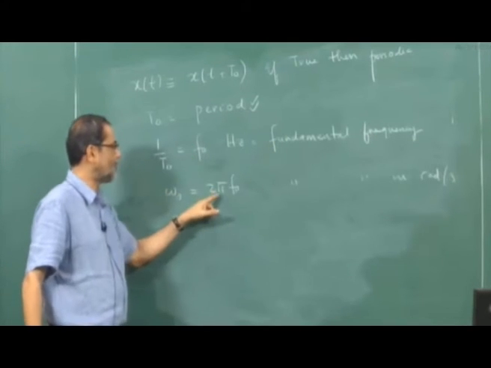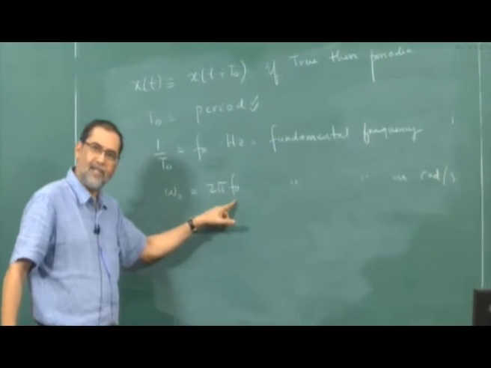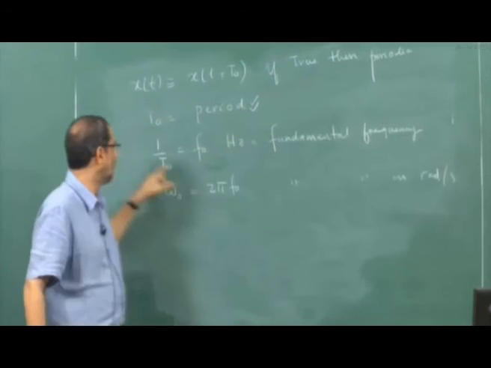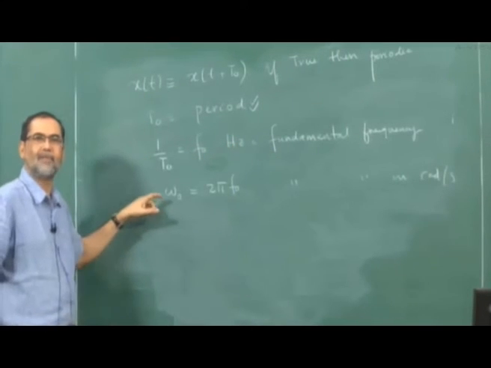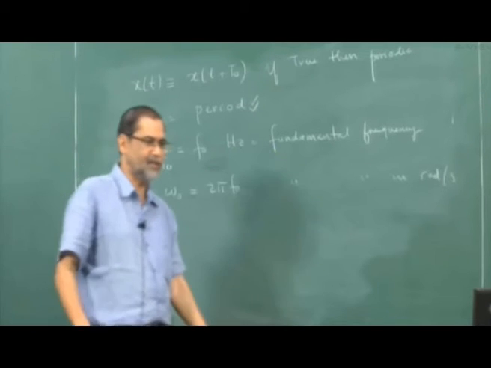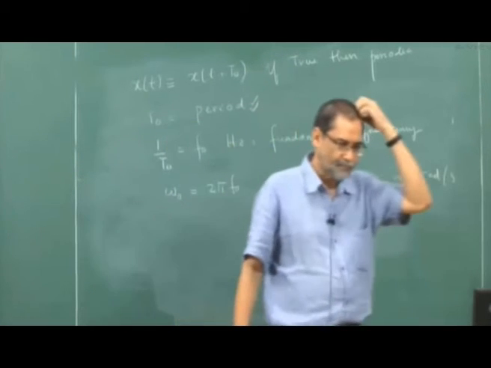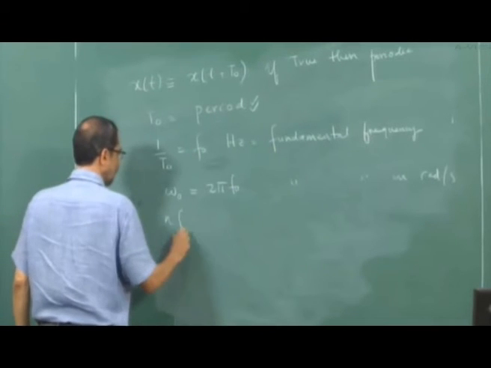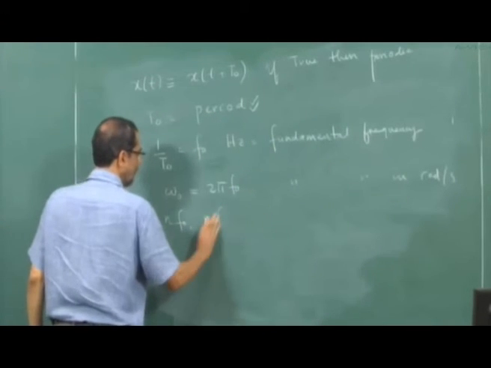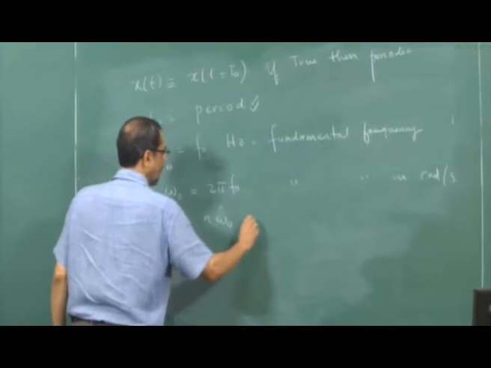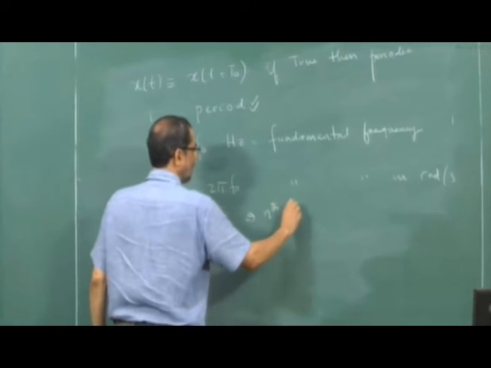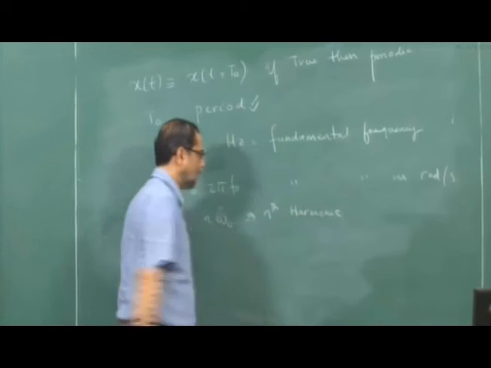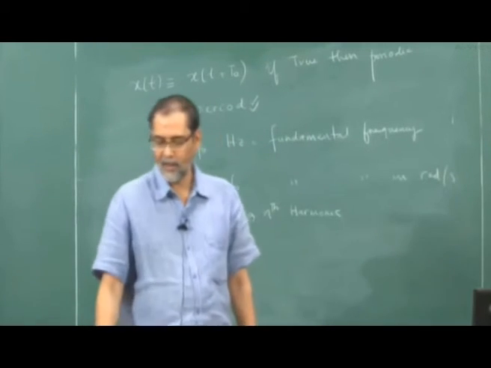Omega naught is 2 pi f naught radians per second, f naught is cycles per second or 1 by T naught. These are the fundamental definitions. And n times f naught or n times omega naught is called the nth harmonic.